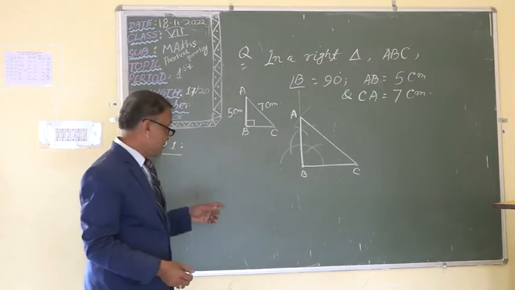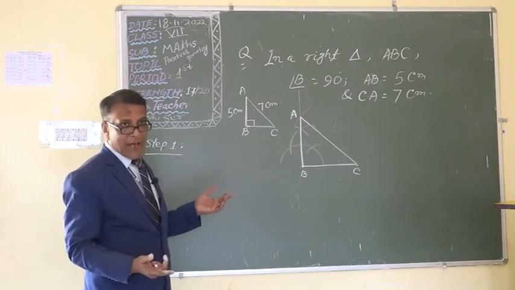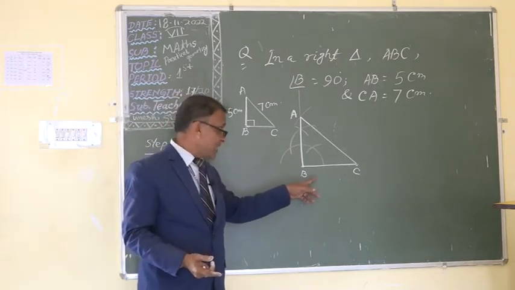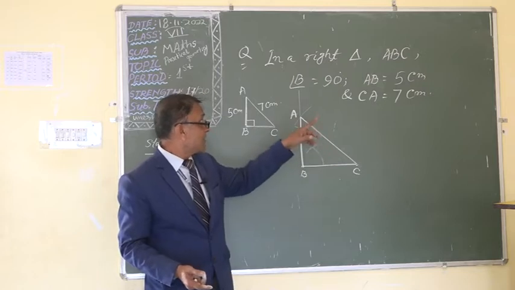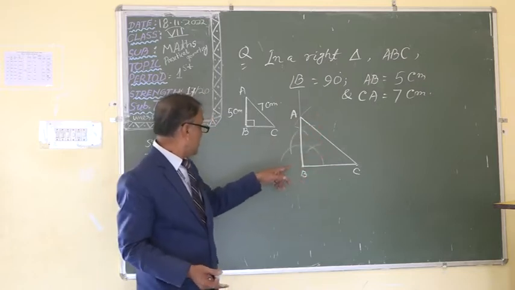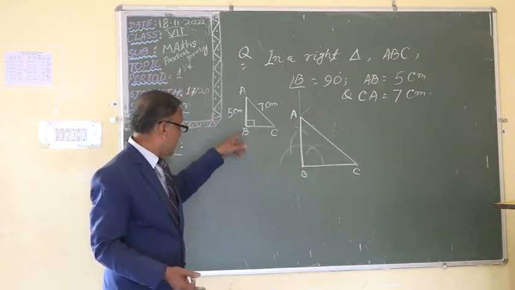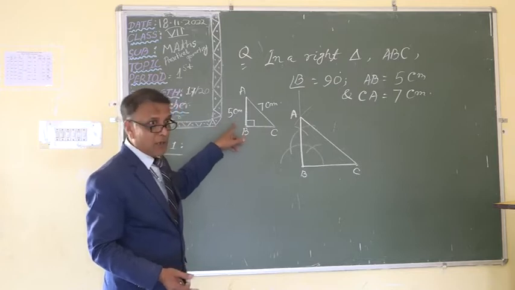Step 1. What is step 1? Draw a line segment. Here AB is given, no?